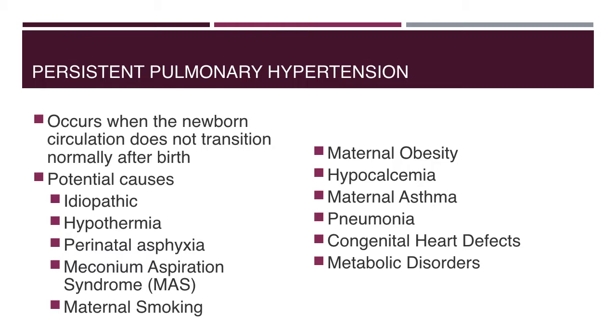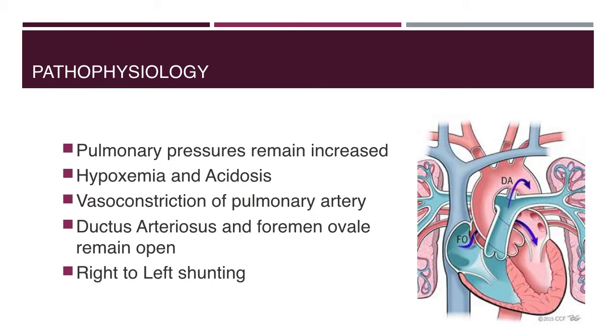If the child has pneumonia, if they have congenital heart defects, or if there's metabolic disorders. So the pathophysiology is that the pulmonary pressures remain increased. And as a result, the child develops hypoxemia and acidosis. This results in vasoconstriction of the pulmonary arteries because they like oxygen, and the oxygen causes the pulmonary artery to relax.